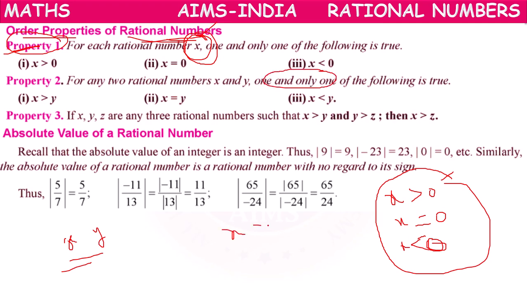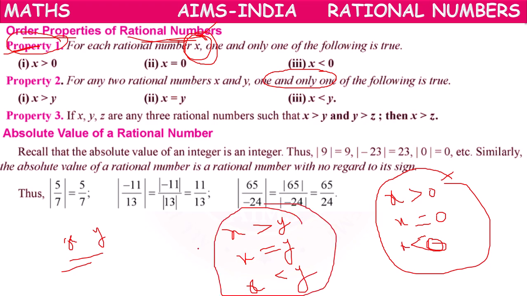Either the first one is greater than the second one, or the first one is equal to the second one, or the first one is less than the second one. Out of these three conditions, only one is applicable if there are two rational numbers. That is property 2.